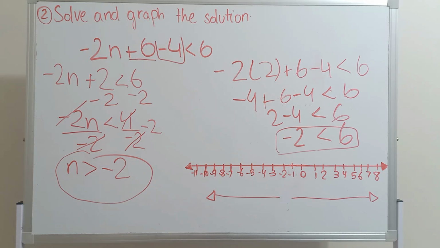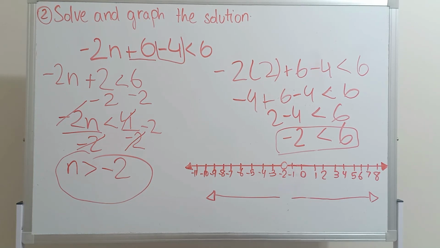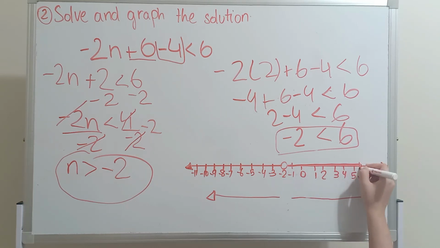Since it's only greater than, it's going to be an open circle. We find negative 2 and put an open circle here. A number greater than negative 2 will be going this direction, so the arrow is going to be going this way. That's going to be our answer for the second question.